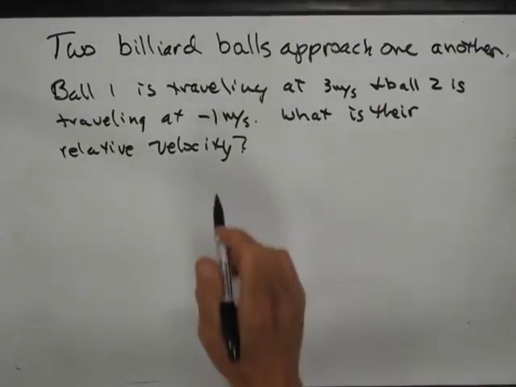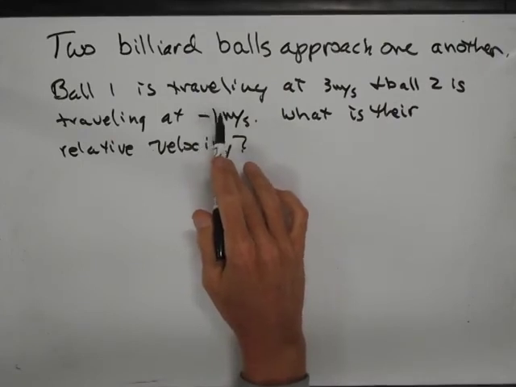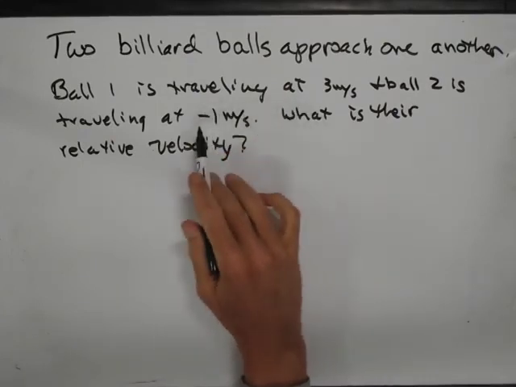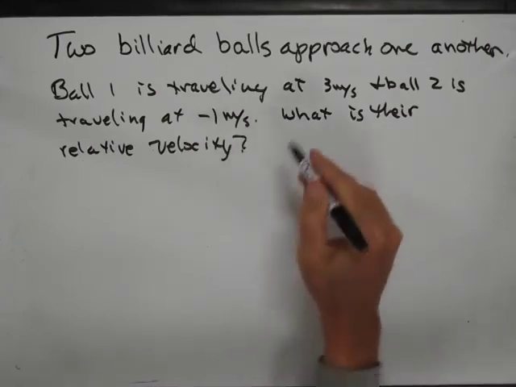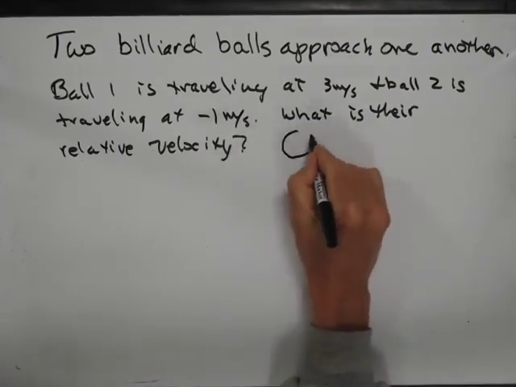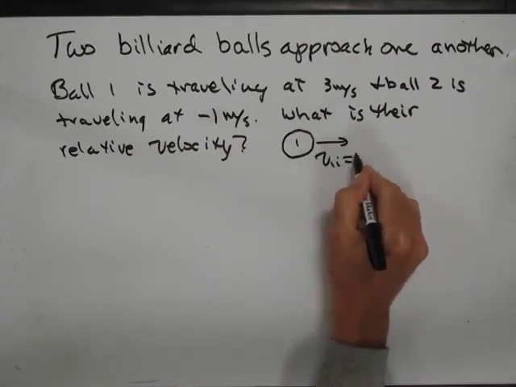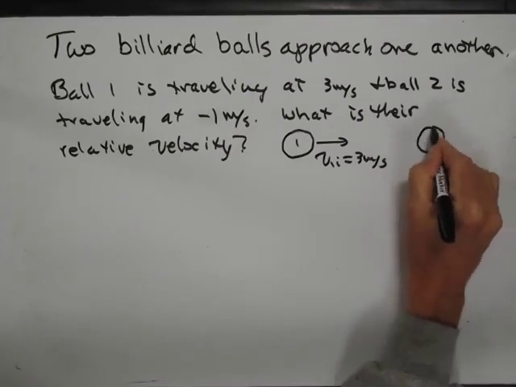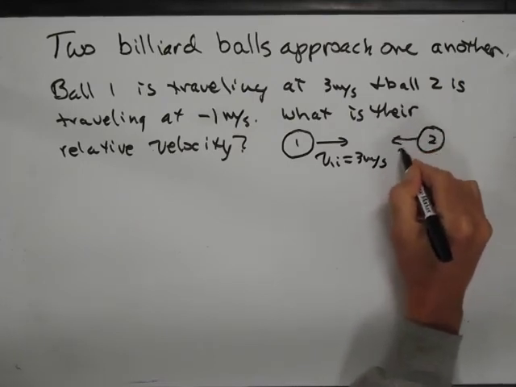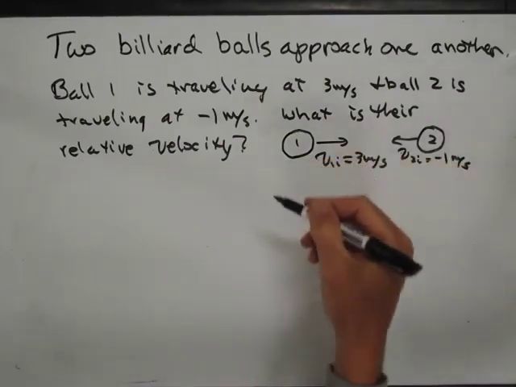So two billiard balls approach one another. Ball 1 is traveling at 3 meters per second and ball 2 is traveling at minus 1 meter per second. What is their relative velocity, right? And so here's ball 1, and it's going v1 initial equals 3 meters per second. And here's ball 2, and this is v2 initial equals minus 1 meter per second because it's going the other way.